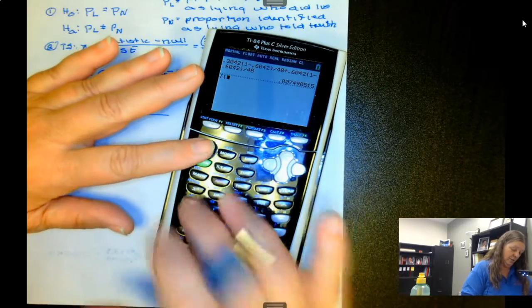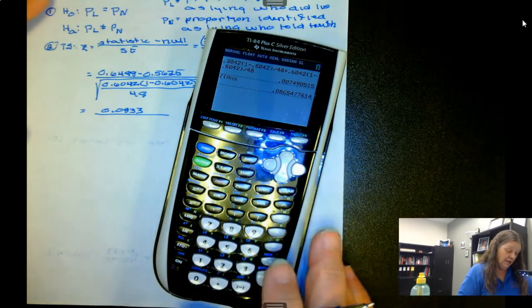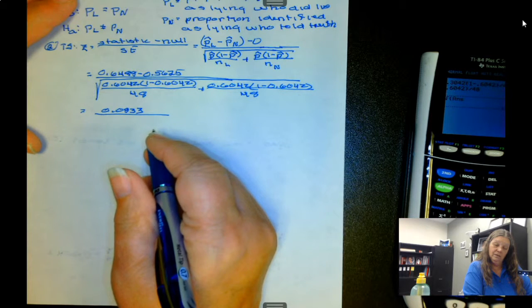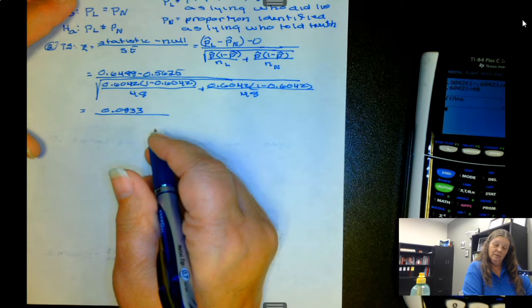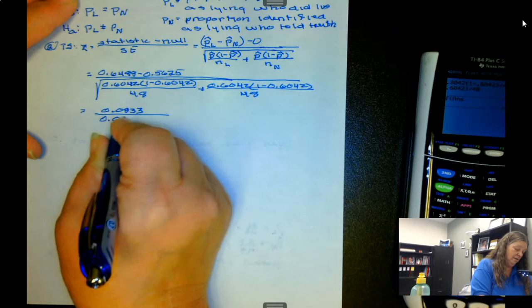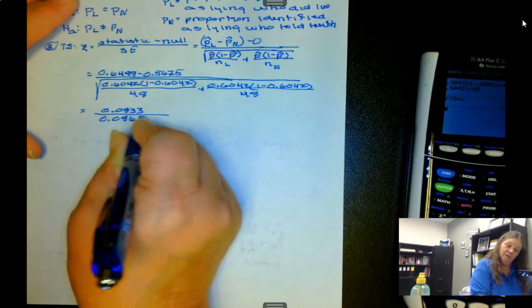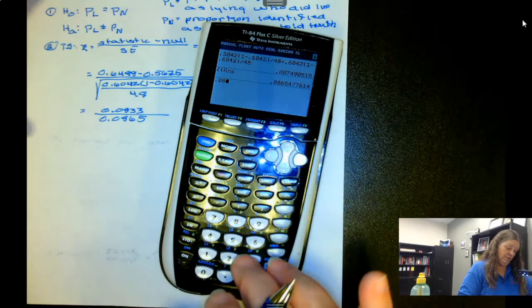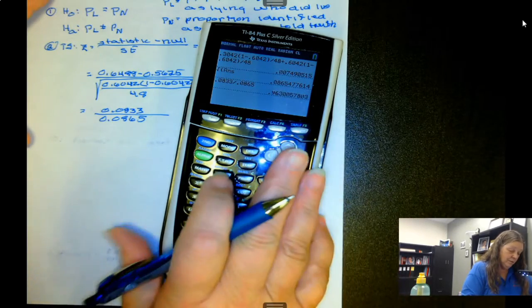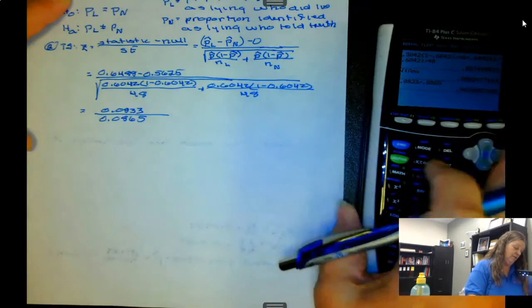Then take the square root of it. We get 0.0865. So we have 0.0833 divided by 0.0865, which gives us 0.9630.